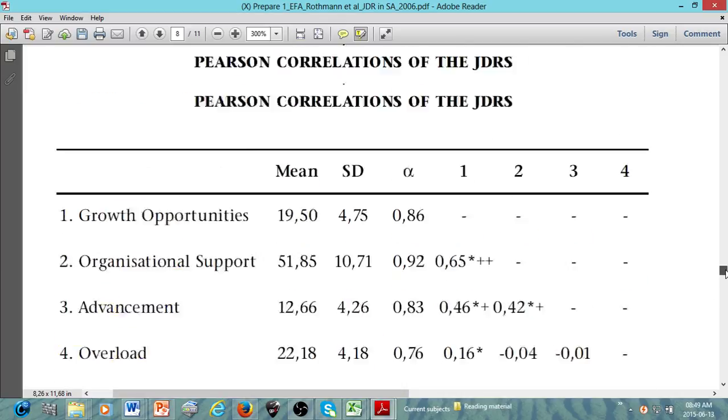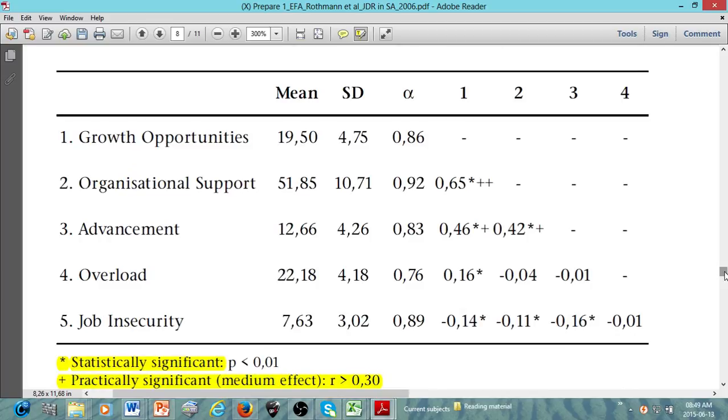From what I understand about practical significance, they're basically insisting that this relationship should lead to practical change, in the case of an intervention. So for example, organizational support and growth opportunities was found to be practically significant with a large effect.